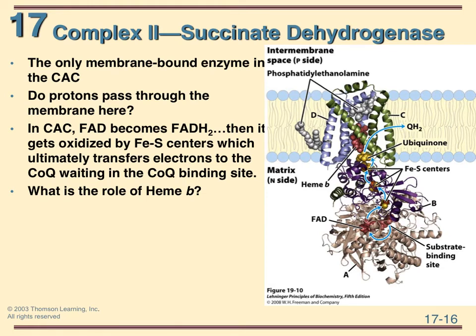Some of the things to keep in mind here are whether or not protons pass through the membrane, because they're not drawn in this instance, and the fact that in the citric acid cycle FAD became FADH2, then the FADH2 goes back to FAD by passing off its electrons. In particular, I want to point out this heme B, right here.